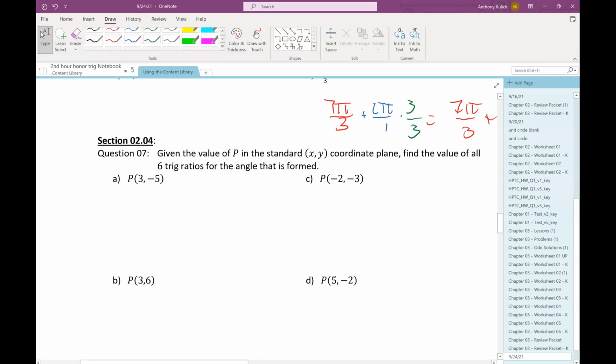SOHCAHTOA, the point on the terminal side definition, and then the unit circle definition. So SOHCAHTOA, like opposite over hypotenuse, all that. Point on the terminal side, like y over r, x over r, all that. And then the unit circle is where the r's are 1. Okay, so 3 different definitions depending on the context that you're working in. And that tends to be the trickiest part for students, is making sure they're using the correct definition in the correct context.